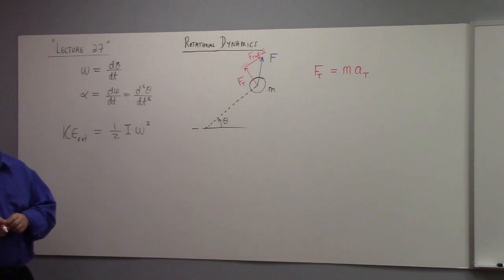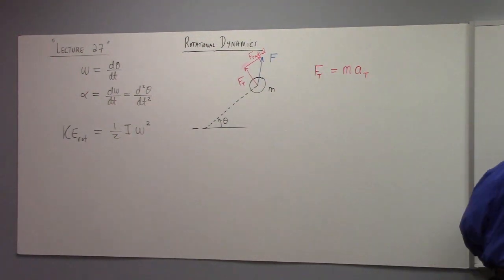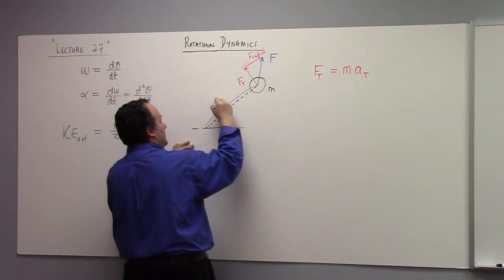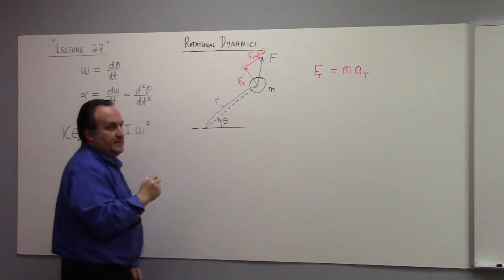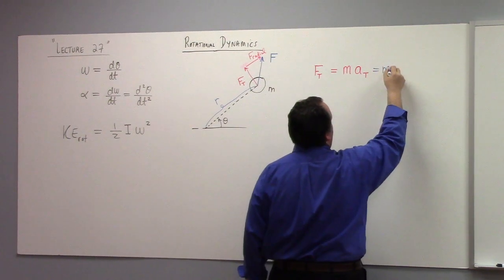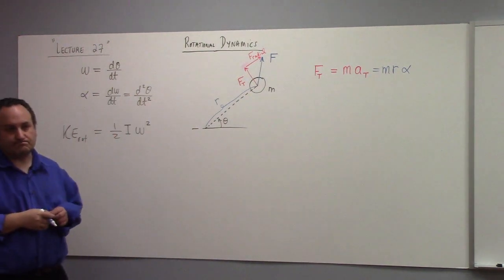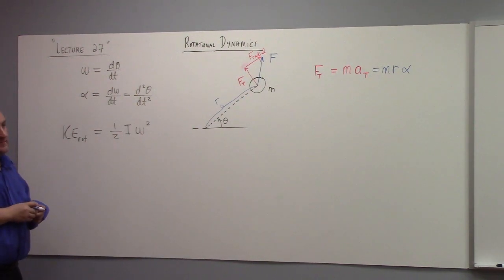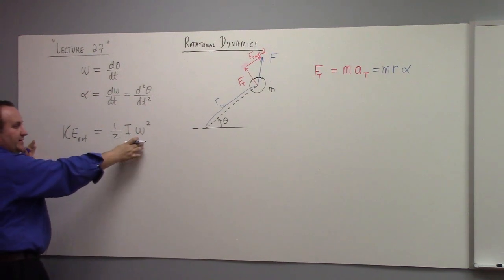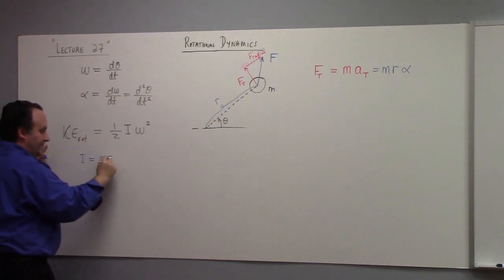But what is tangential acceleration as it relates to the radius and the angular acceleration? Do you guys remember? So if this distance here is r, then what is a sub t? A sub t, remember, is r alpha, right? So F_t equals m r alpha. And then, inspired by our experience over here, remember the moment of inertia for a point mass was m r squared, right?